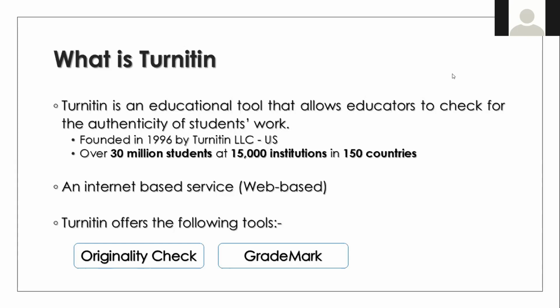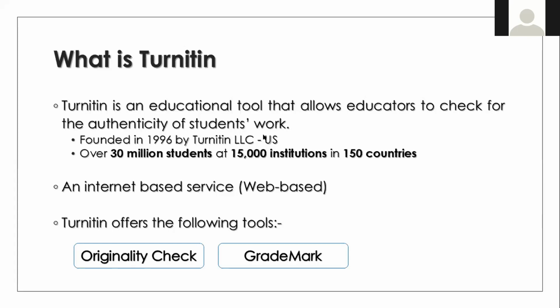The admin will register your email, and after that you will receive a welcome email from Turnitin. From the email, you can follow the instructions to reset your password, and then you can log in with the username and password in the future.